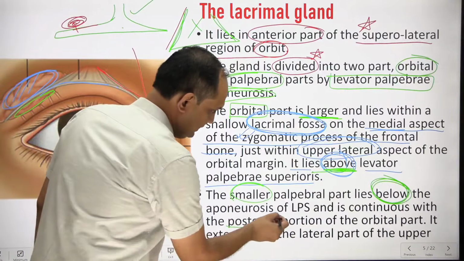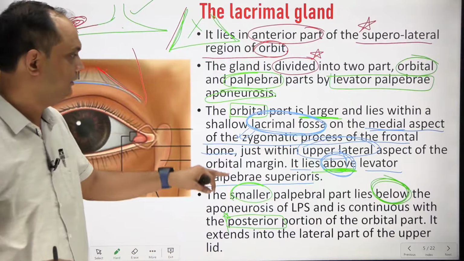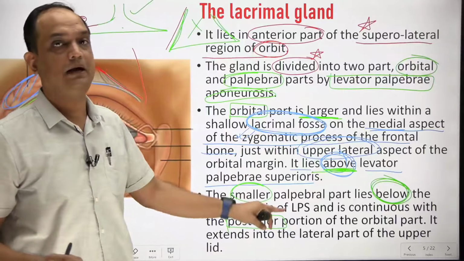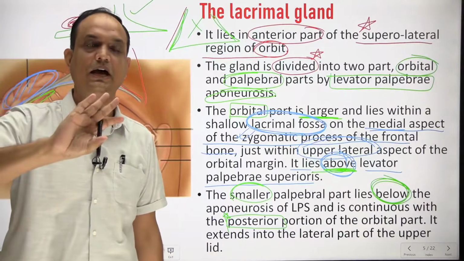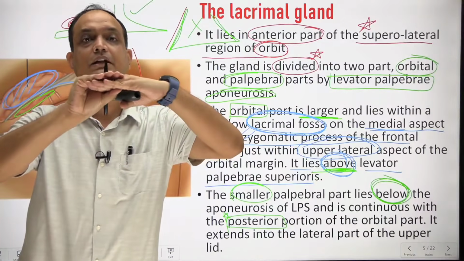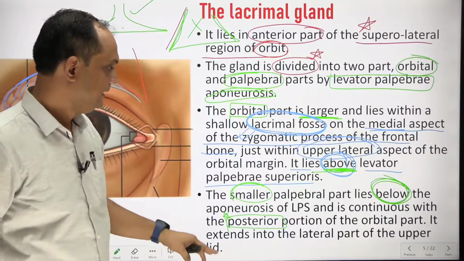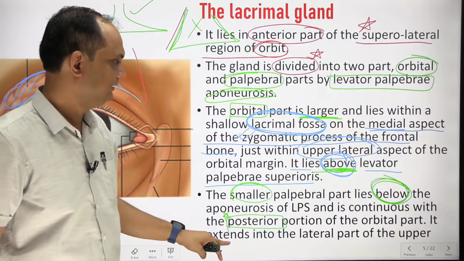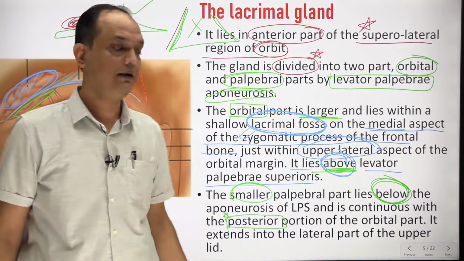Now this is again the question of your exam, that the connection of orbital and palpebral part is in front or posteriorly. Answer is posteriorly. Why? Because I just told you that this tendon penetrates the gland from anterior aspect, so posteriorly the continuation is present. ठीक है?